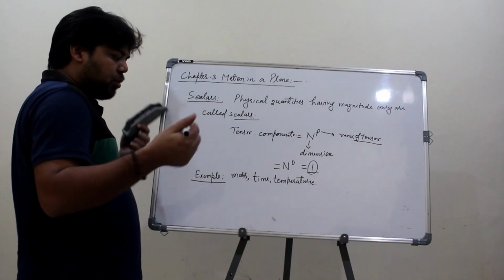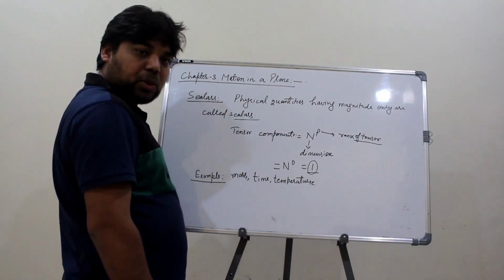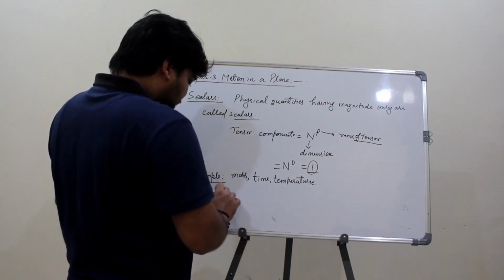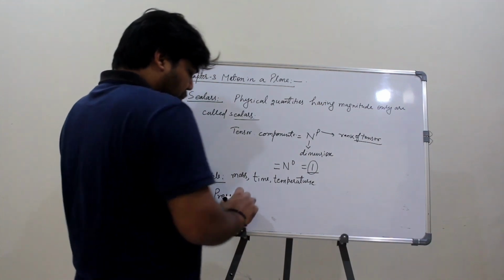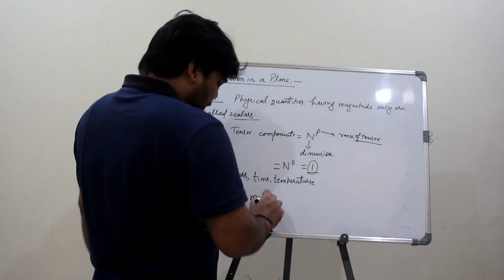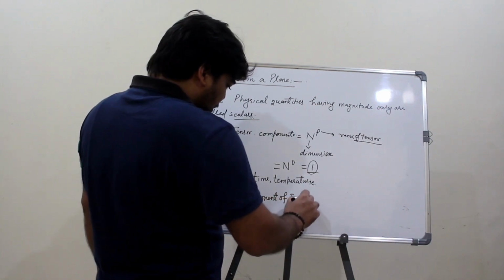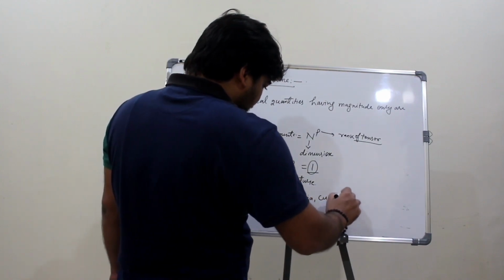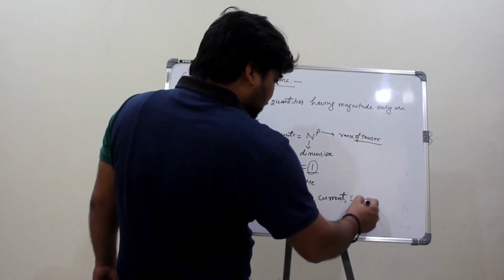Now one thing we need to remember is that there are some quantities which look like scalars but are not scalars, like pressure, moment of inertia, current, and strain.